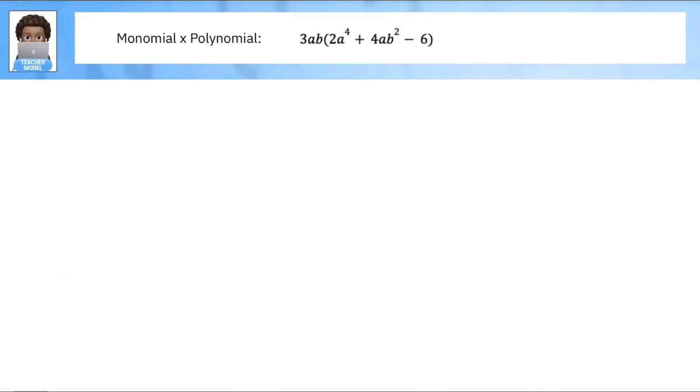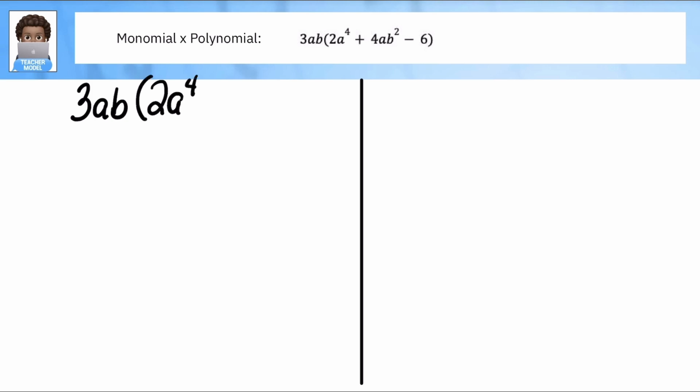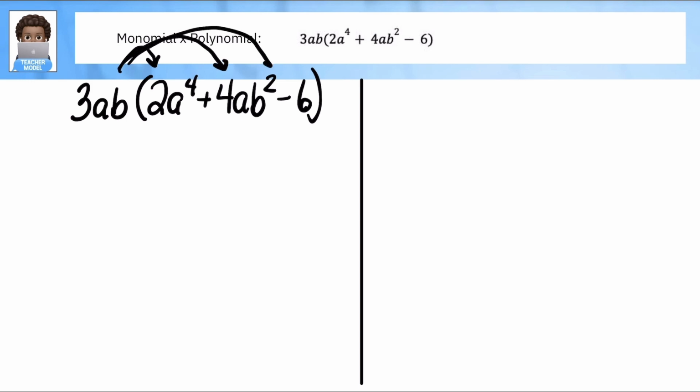All right, let's look at another example. Here we have a monomial times a polynomial. I want to show you this in two different ways. The first one is I want to just distribute. And for the sake of clarity, I want to be real nice and visual. I want to expand this so you can actually see what's being multiplied together.